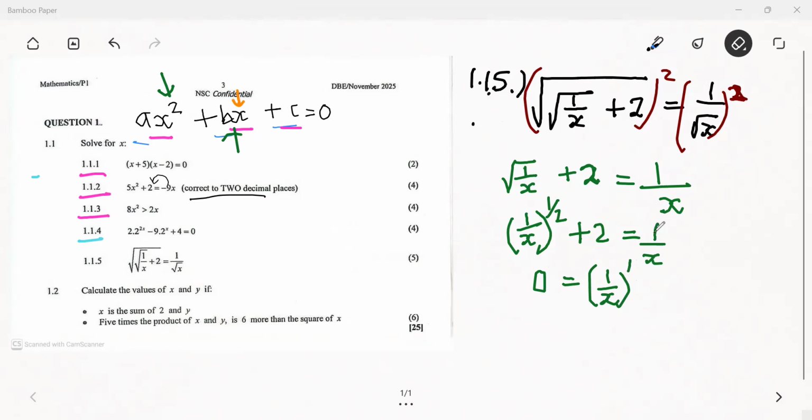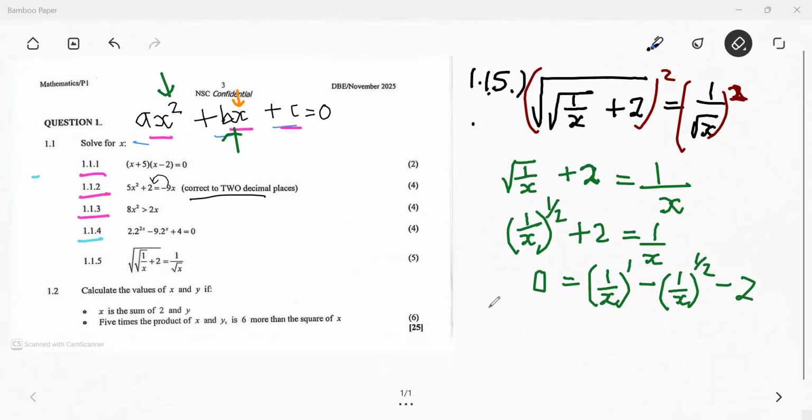That's the same as 1 over x to the power of 1. That's this term. And then these two I take to the other side: 1 over x to the half minus 2. Once again, something to the power of 1, and then a power of a half, that's half of that power. It resembles a quadratic form once again. Now I can make my substitution to make it very clear that it is in the same form.